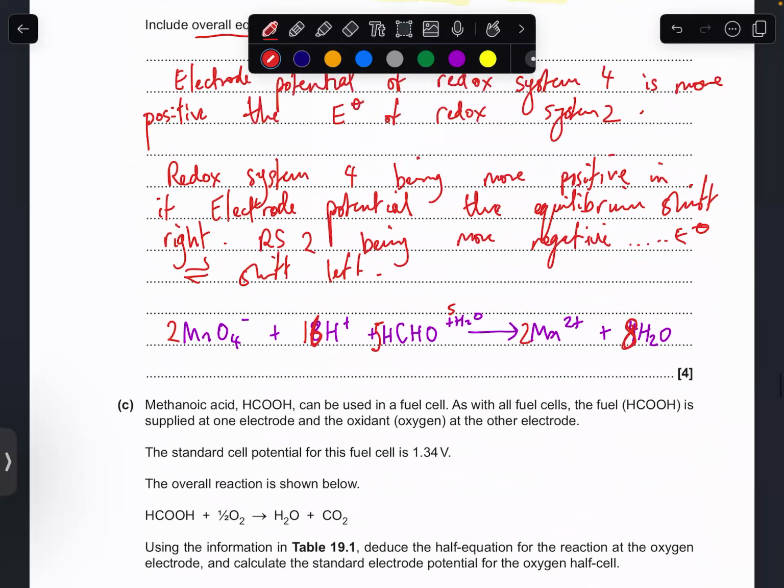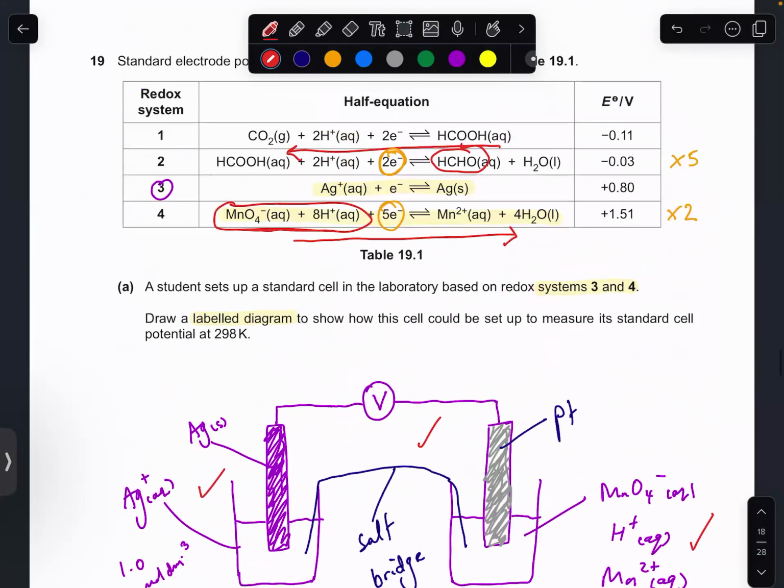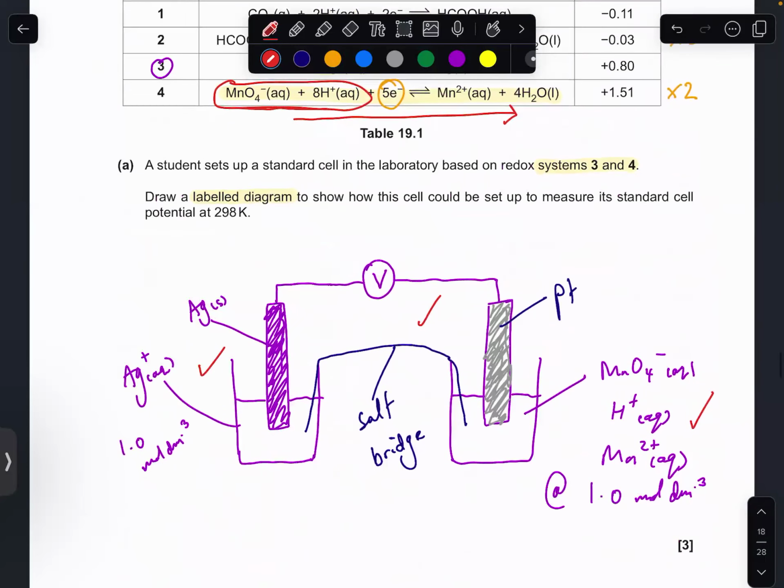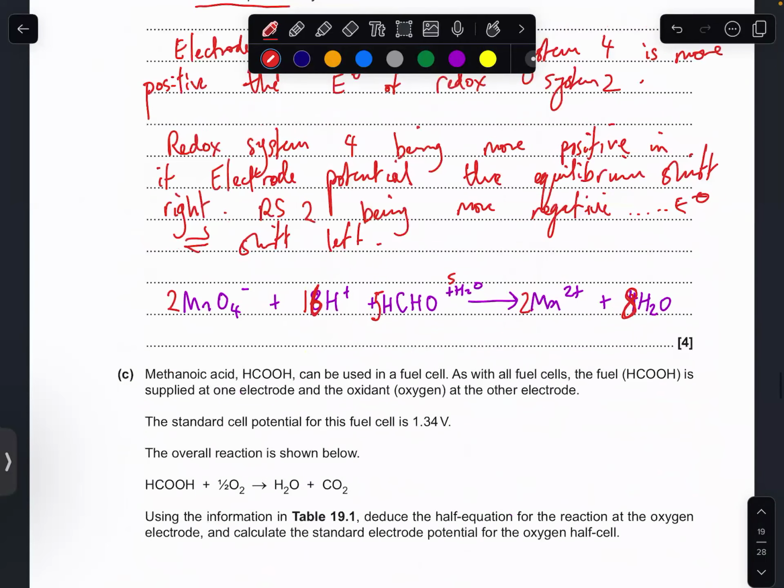And the methanal equation goes on to give you methanoic acid, HCOOH, and 2H plus and the electrons. And to balance that, we put a 5 there. What's 2 times 5? It's 10. So we've got this equation so far.